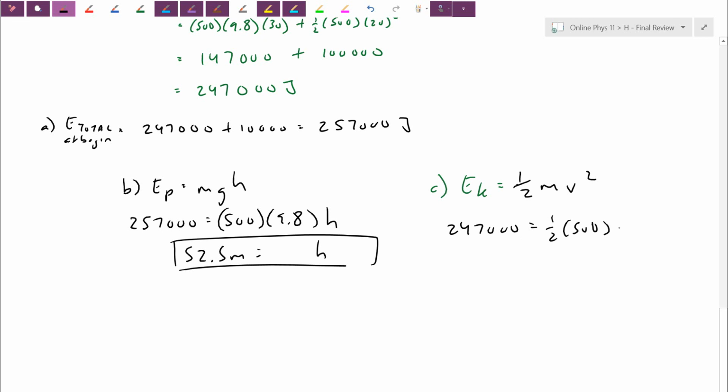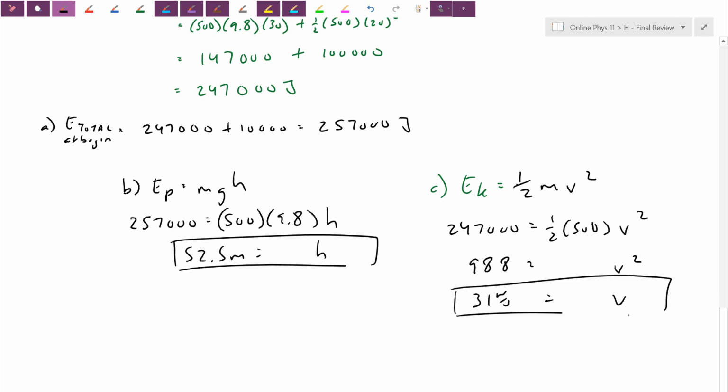I'm 500, and I want to find the final velocity. So 247,000 times 2, divided by 500. So 988 is supposed to be v squared, and that gives me my final velocity as 31 meters per second.